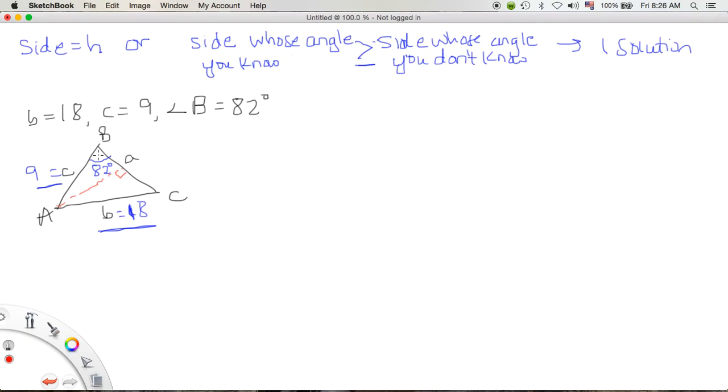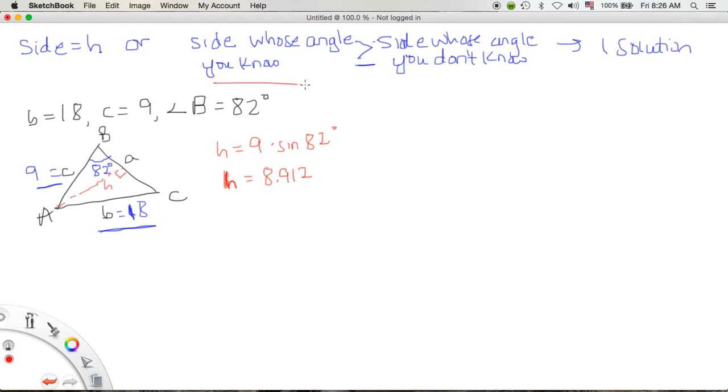then for this one we would have the height equals, well, the sine of 82 degrees is h over 9, so 9 times the sine of 82 degrees, and we have h is 8.912. Okay, so this is less than that, so it's not equal to. So this is when we would look at it and say, okay, does it have two solutions?